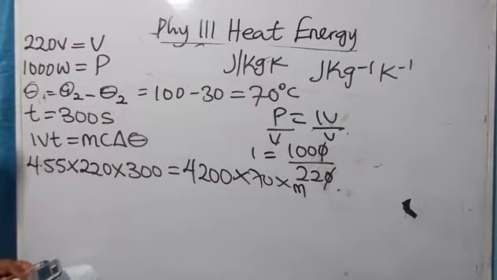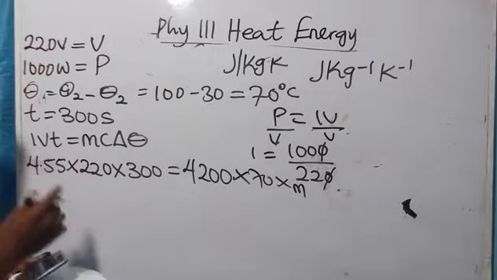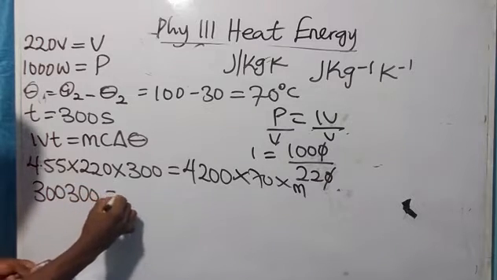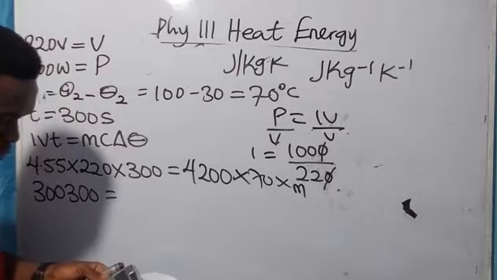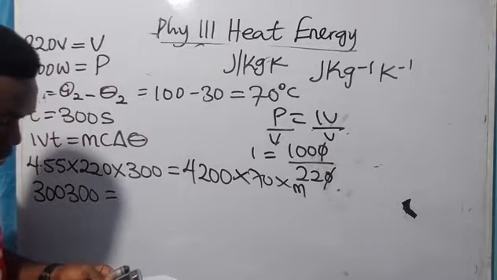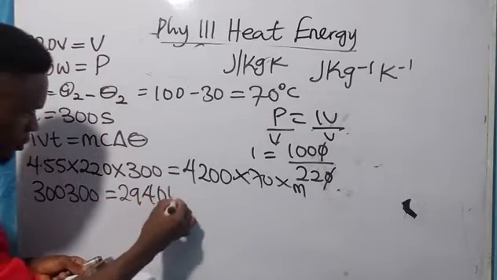So what do I have here? 4.55 times 220 times 300 equals, then 4,200 times 70 gives me 294,000.